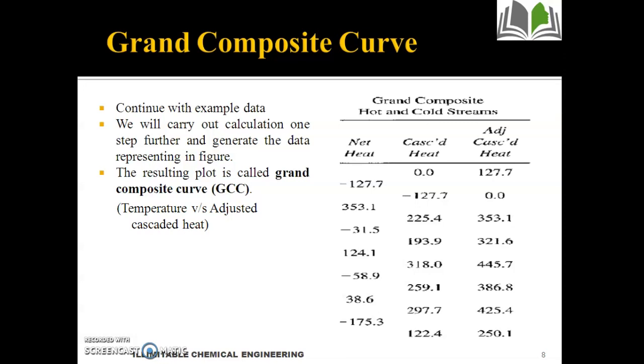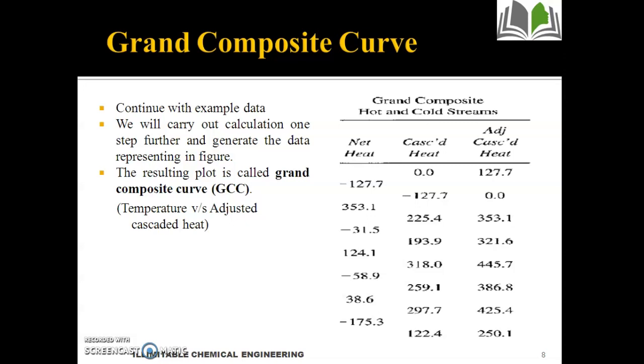The top number in this column is 127.7 kilowatt, and is the minimum amount of heat we must put into the problem from the hot utilities. The bottom number is 250.1 kilowatt, shown here, and is the minimum amount of heat we must remove from the problem using the cold utility. These numbers agree with those we found in the figure.